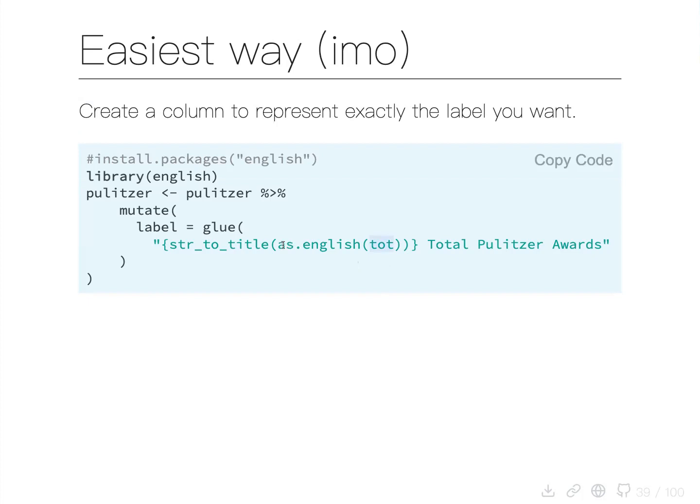Okay, that's what this as.english function does. Then from there, I'm changing it to title case. That's what str_to_title is doing. Okay, so title case just means the first letter of every word is capitalized, except for words like "and" and "of" and those ones. Okay.